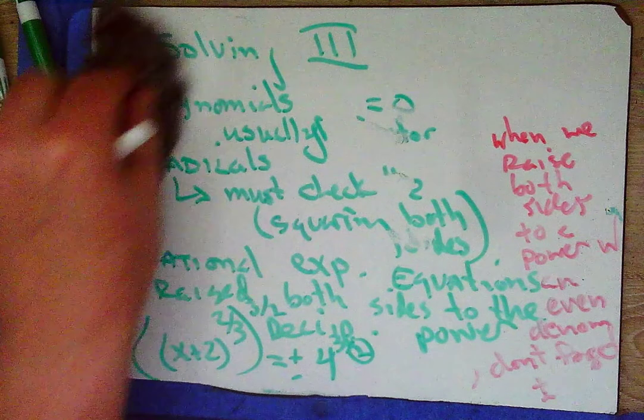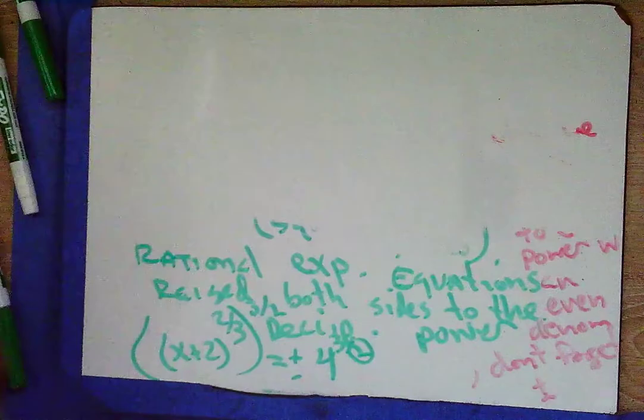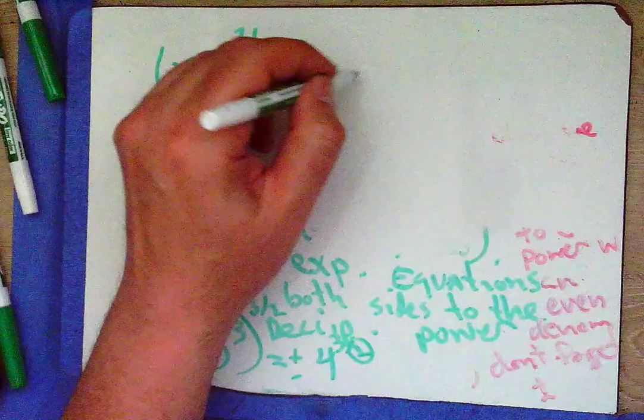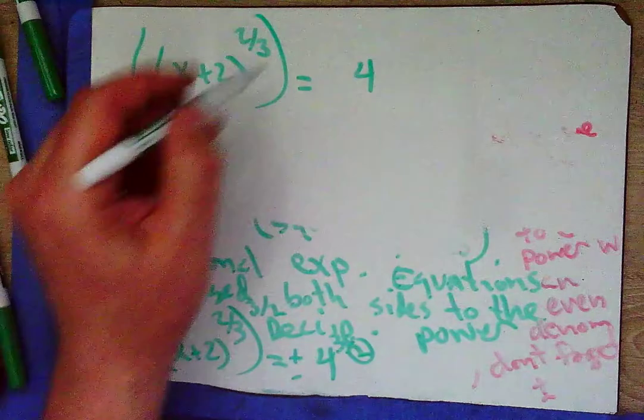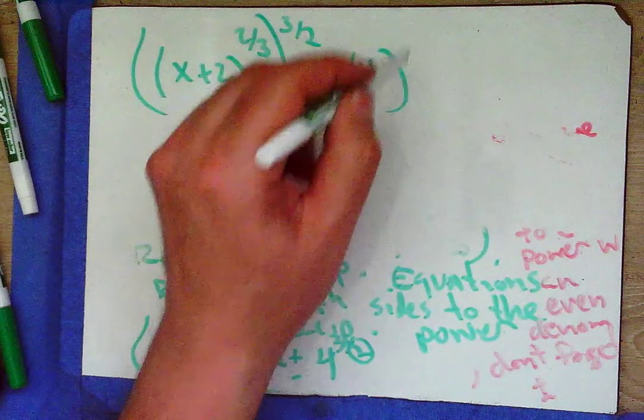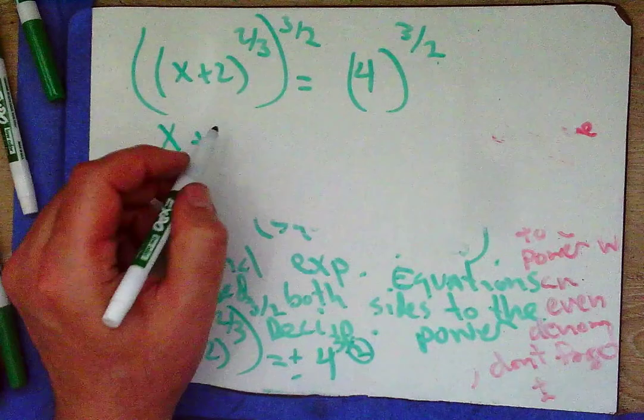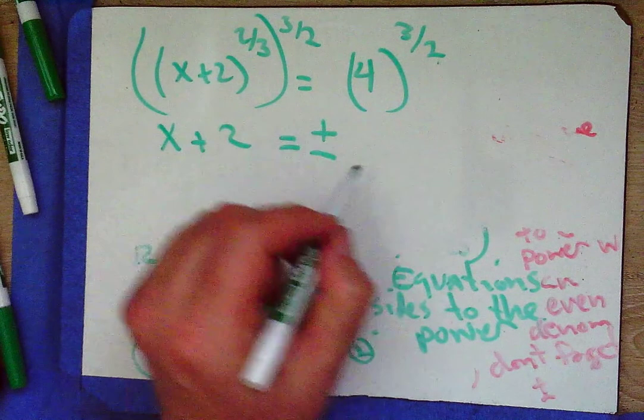So let's finish that problem. Right now we're talking about x plus 2 to the 2/3 equals 4. And then I'm saying, hey, let's raise both sides to the reciprocal power. Ooh, I see a denominator that's even, so I know I have a plus and minus.